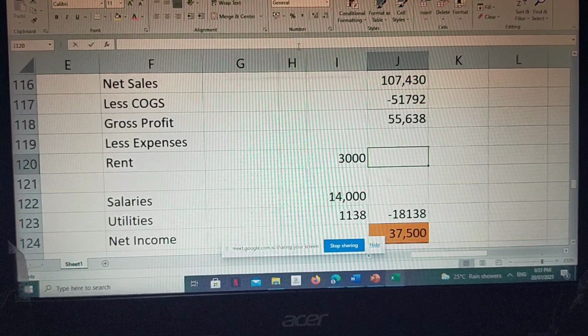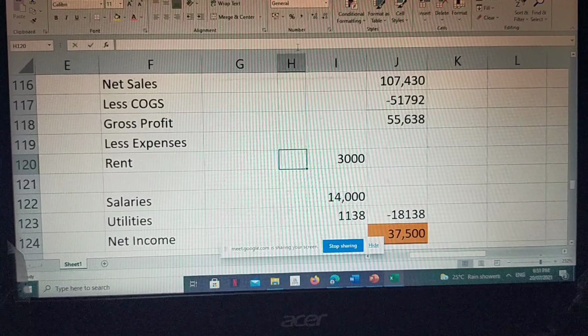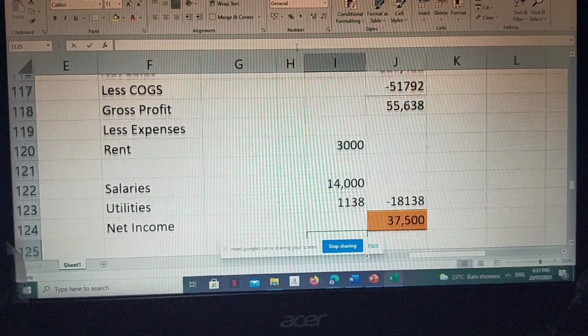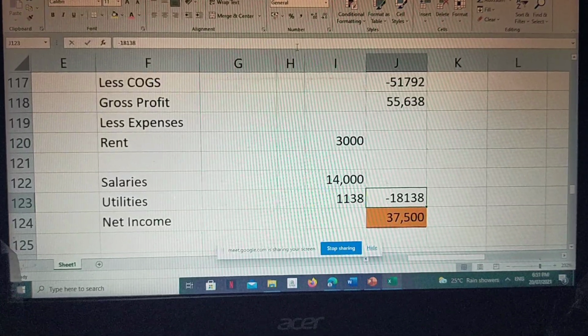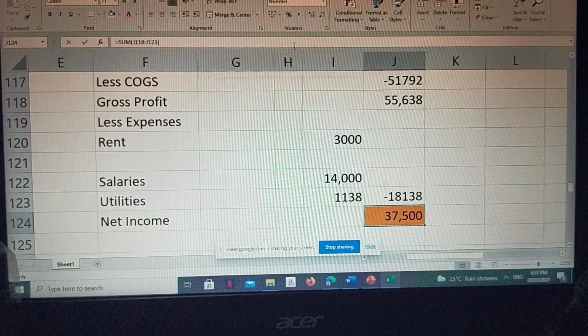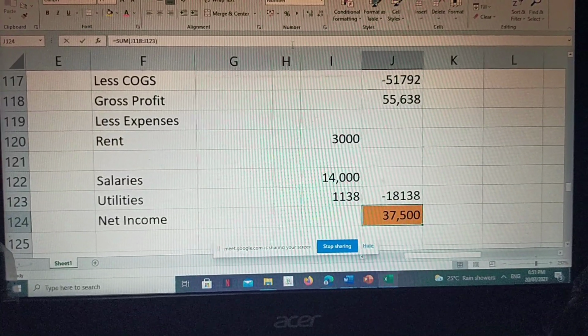So, i-less na rin lahat ng expenses like rent, salaries, and utilities, which has a total of 18,138, so that you arrive at net income of 37,500.